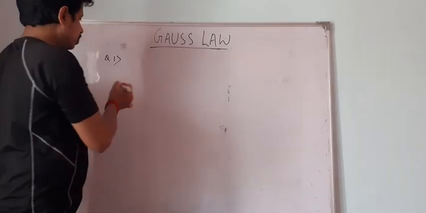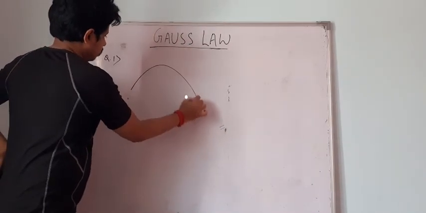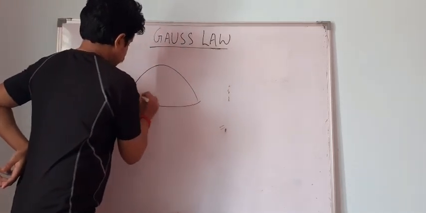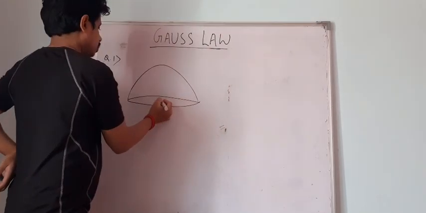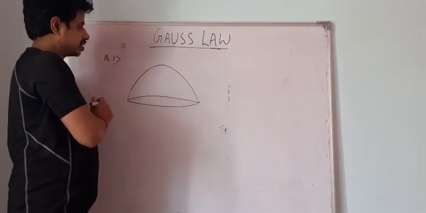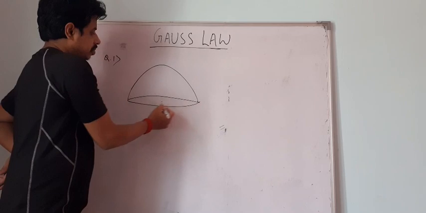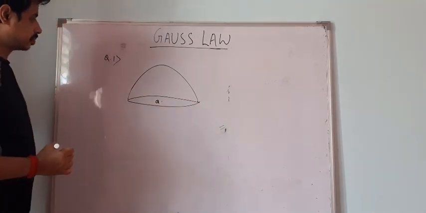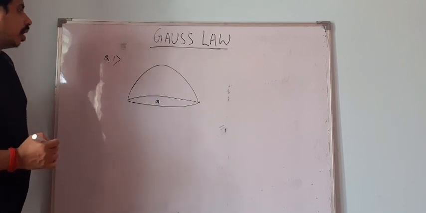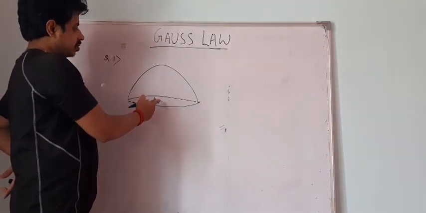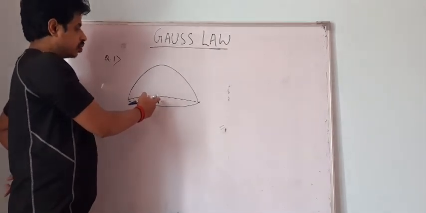I draw the diagram. Suppose a hemispherical surface is given and at the center a charge q is placed. Fine. And we have to find the flux of the electric field due to this charge.